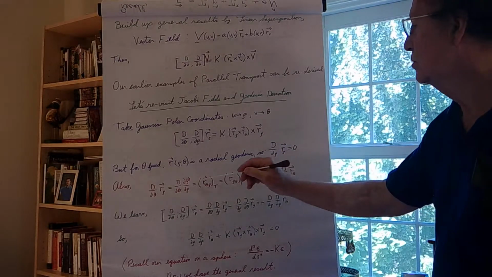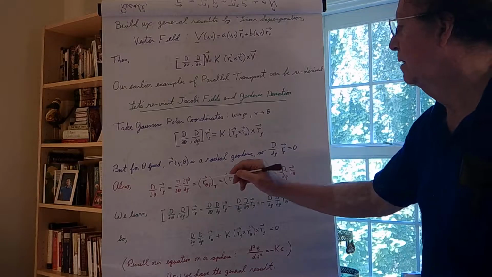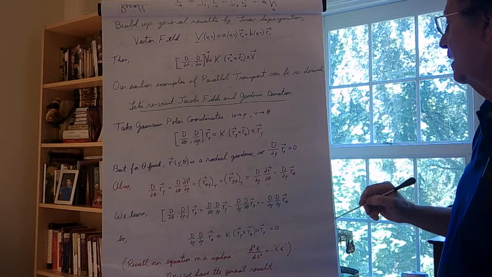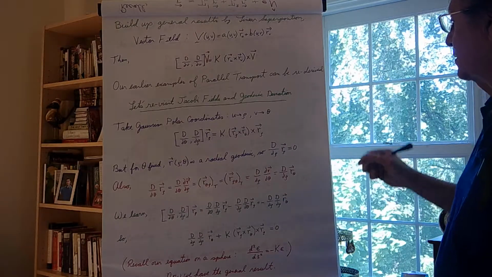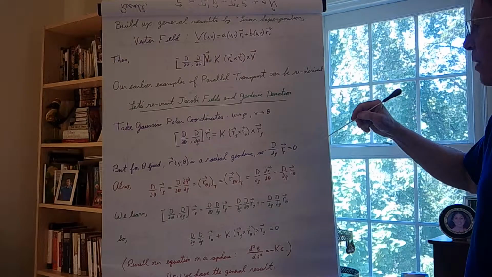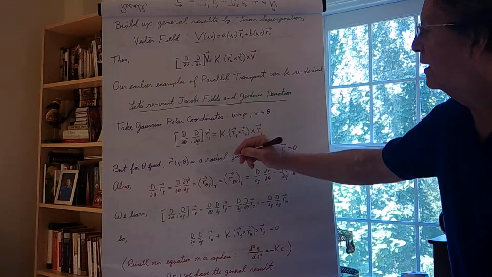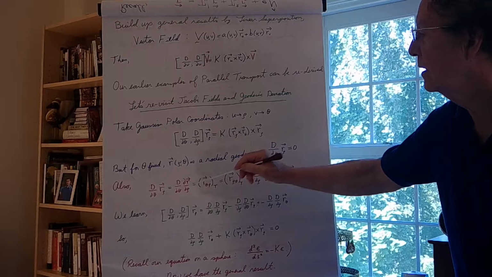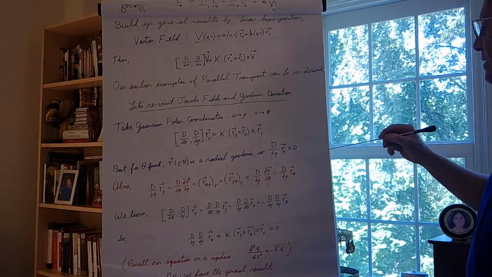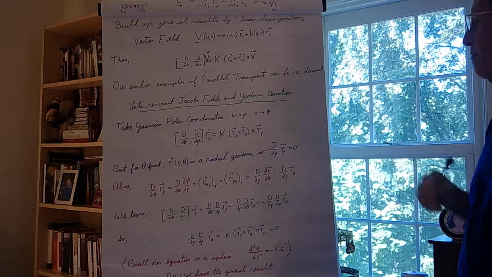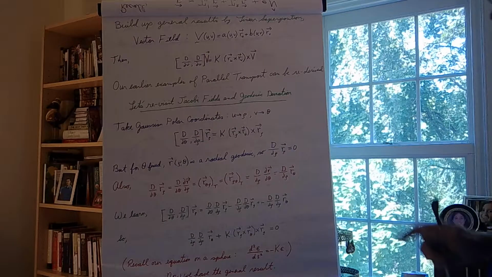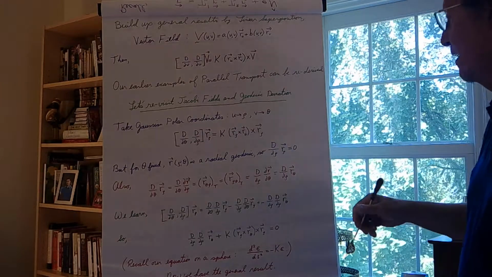So I'm able to switch the rho and the theta, and end up with the covariant derivative of R sub rho in the theta direction being the same as the covariant derivative of R sub theta in the rho direction. So I can switch those indices around, and that cleans everything up.